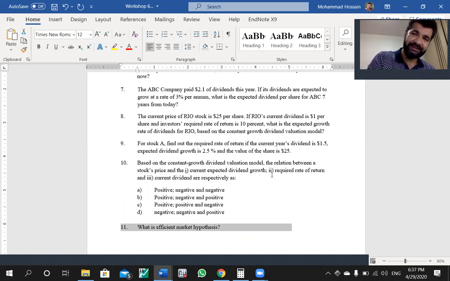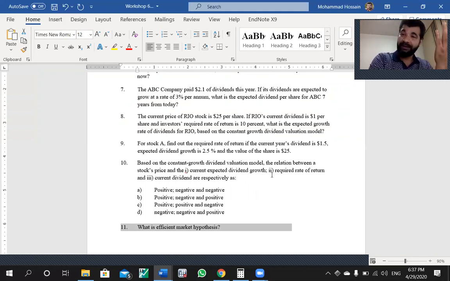The hypothesis says here: when you purchase a bond or a share from the market, you are actually not sure that the price you are paying and the value of the share is the same.